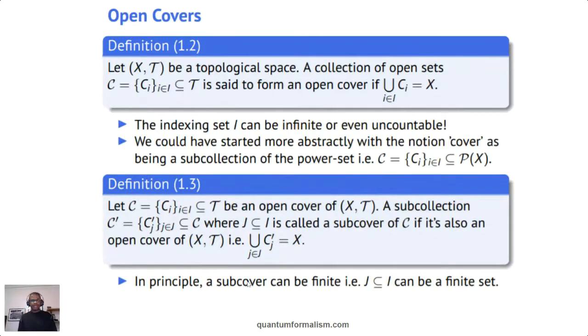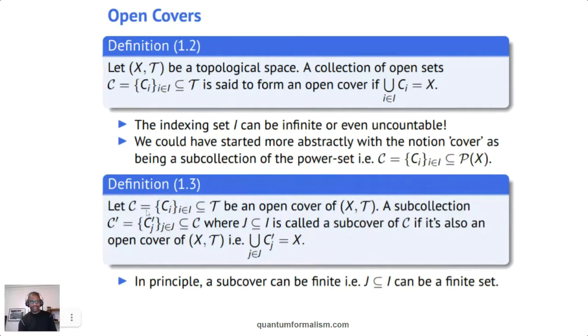I claim you will see some examples in practice how this thing works. At the moment, it's very abstract. Okay, so for the time being, you have a cover C, you have a sub-collection of it, and if that sub-collection happens to be a cover also, then it's a subcover.